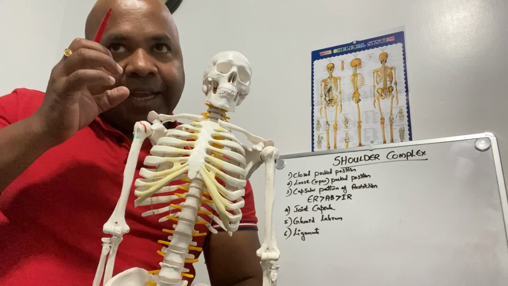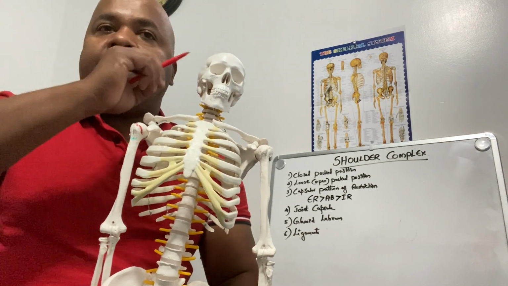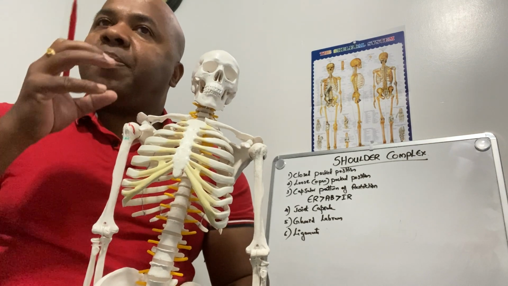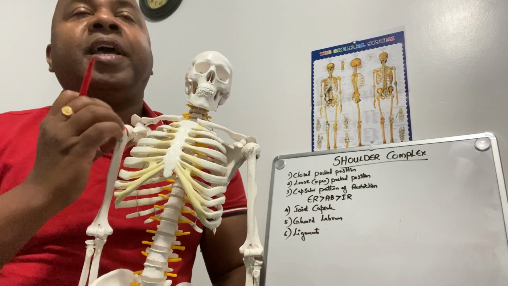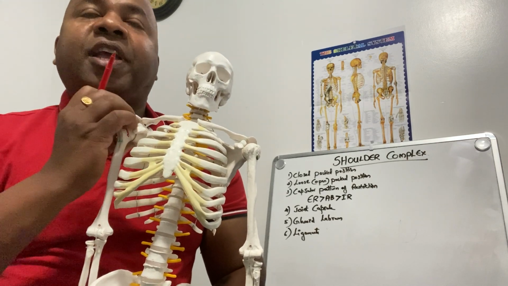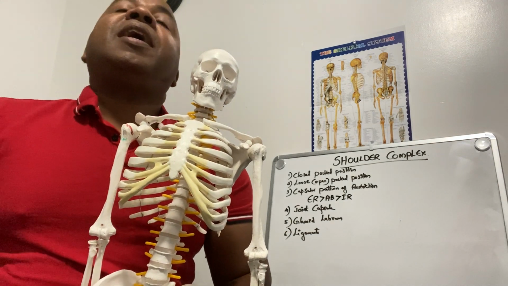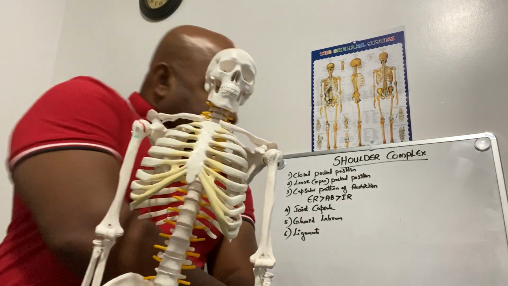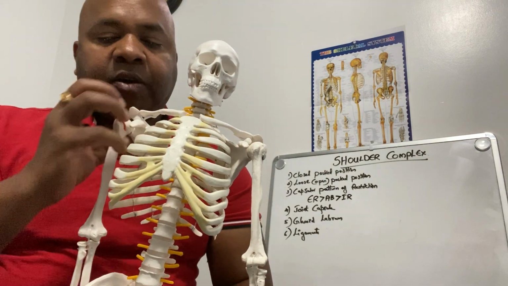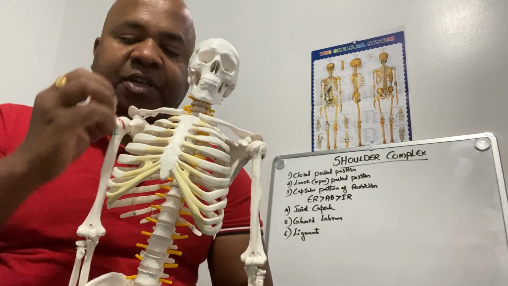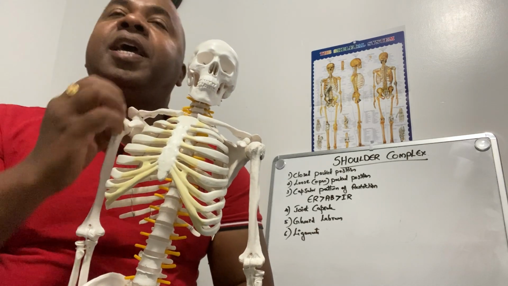The joint capsule arises from the anatomical neck of the humerus and attaches to the glenoid cavity, especially to the rim of the glenoid labrum. So this capsule is a sealed capsule. It totally covers the head of the humerus from the anatomical neck to the glenoid fossa.